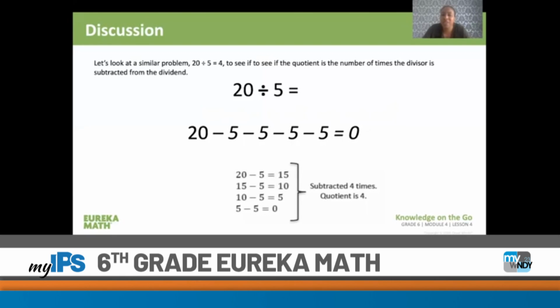That tells us that the quotient is 4. 20 minus 5 equals 15. 15 minus 5 equals 10. 10 minus 5 equals 5. And 5 minus 5 equals 0. We subtracted 4 times.